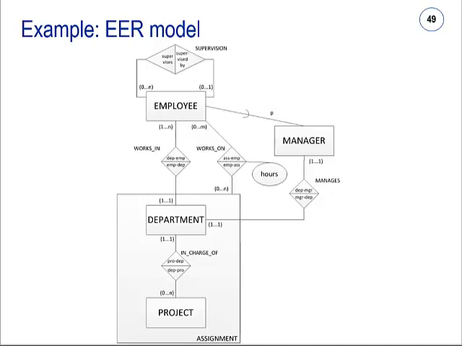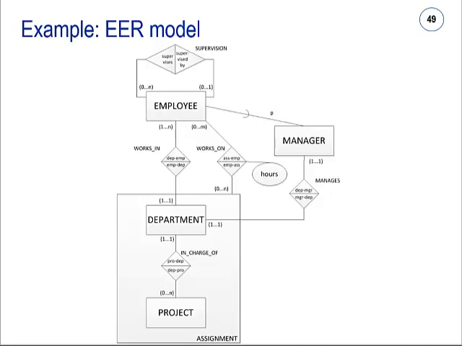Then we have also an aggregation that we have applied. A department is in charge of minimum 0, maximum n projects. A project is assigned to minimum 1, maximum 1 department. So that refers to exactly 1 department. What we've done here is we have aggregated department and project into an overall composite, into an aggregate, which we call assignment.